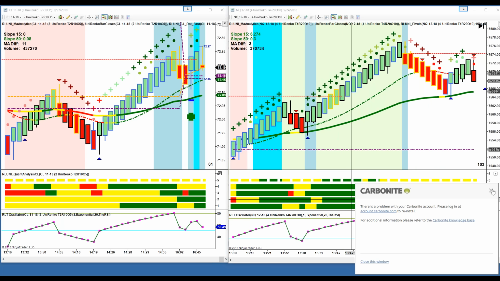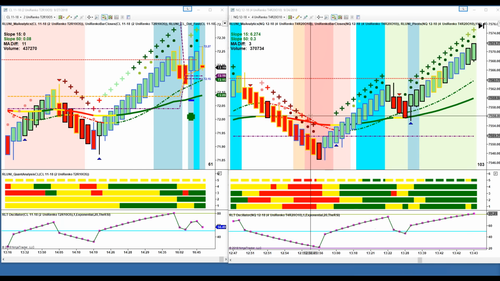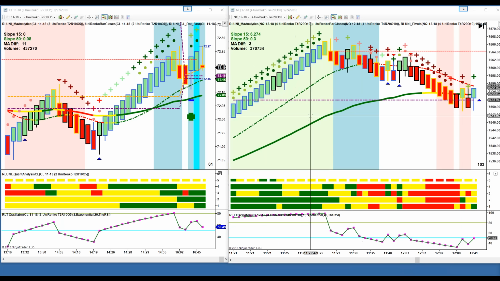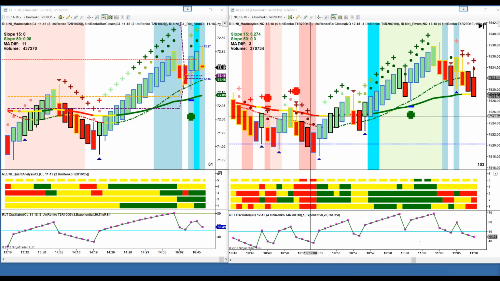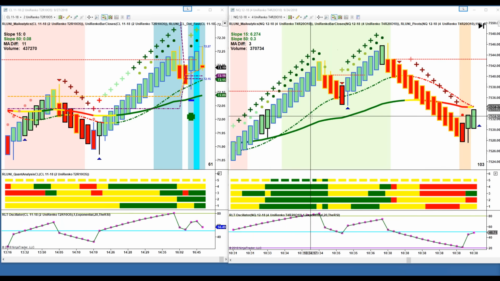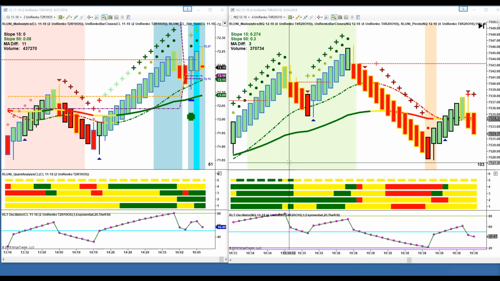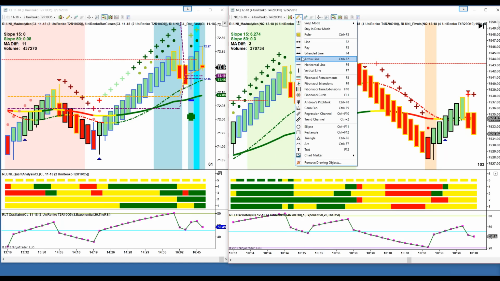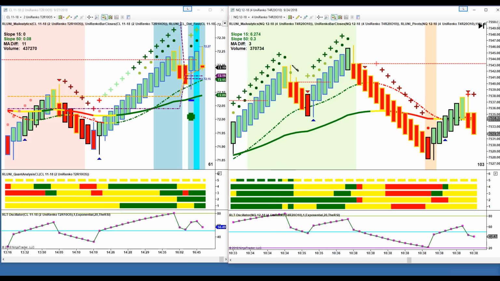I'm just looking at the high. I got to get rid of that carbonite. I think it's going to do that forever until I take two trials of it. Okay, maybe this might be. Okay, here's divergence. Now this is divergence that works. Here's a higher high right here.